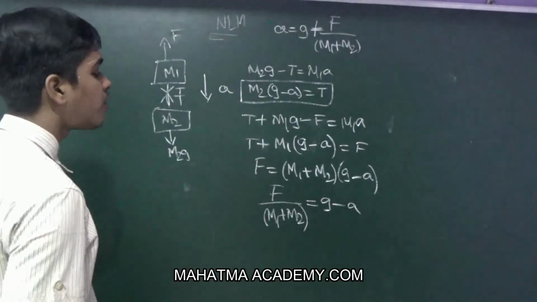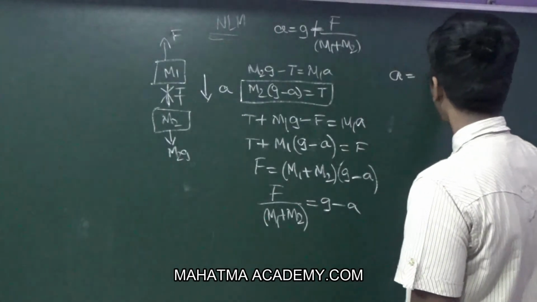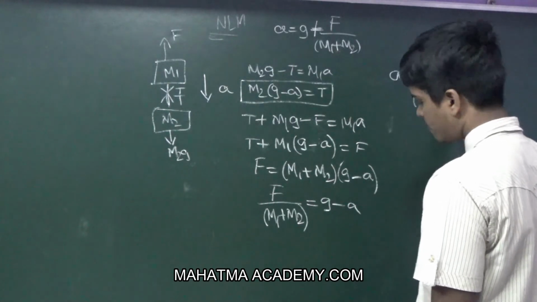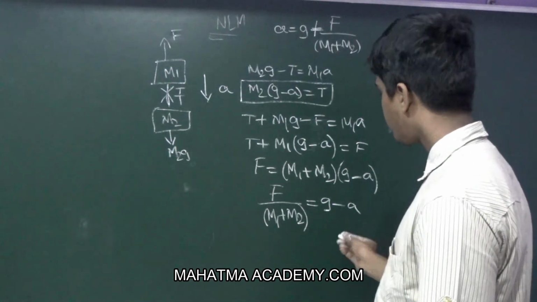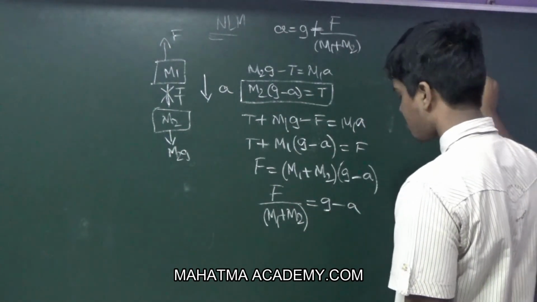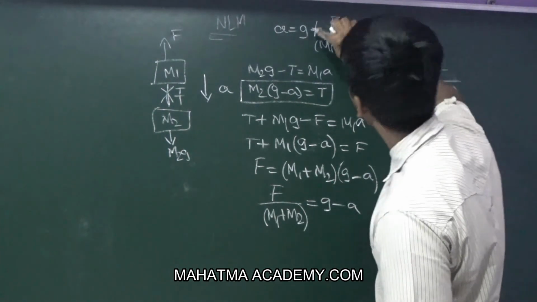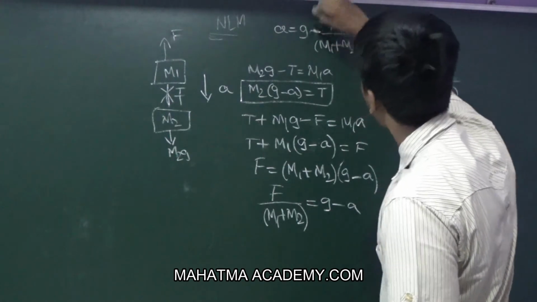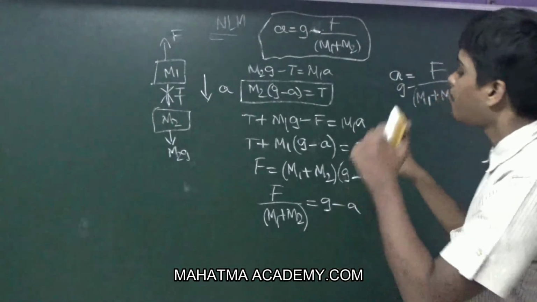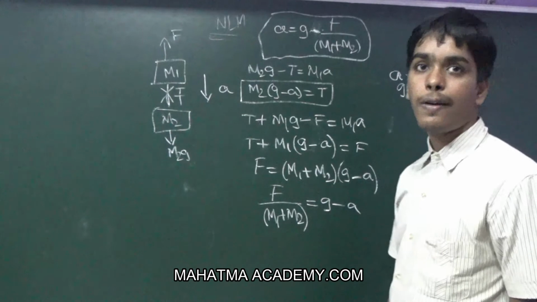Now we will get the force as A is equal to F upon M1 plus M2, or if we multiply whole minus, it is minus G, or G minus. So here the G will appear on the front side. We did a mistake here. It is G minus, the answer is G plus.